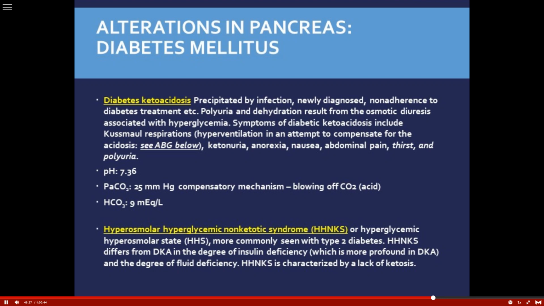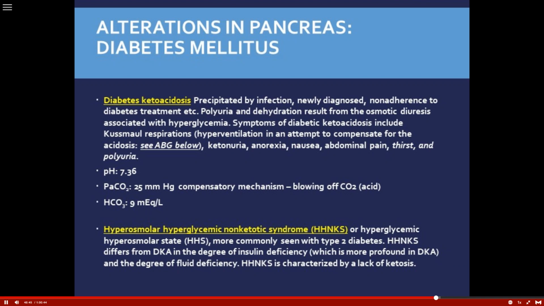So this we're going to talk about is more common with type 2, because with hyperosmolar, hyperglycemic, non-ketotic syndrome, HHNKS, or hyperglycemic hyperosmolar state, either one is fine, it is still a life-threatening emergency.